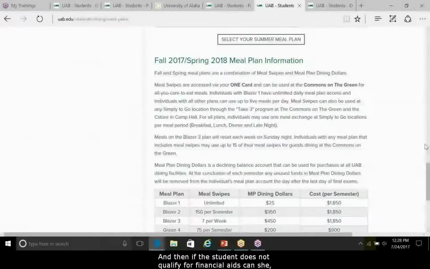If a student does not qualify for financial aid, can he or she still enroll in work study? Work study is a federal need-based program, so a student has to qualify for work study. But there are positions on campus that are not work study positions. Student employees can still work on campus without receiving work study funds.